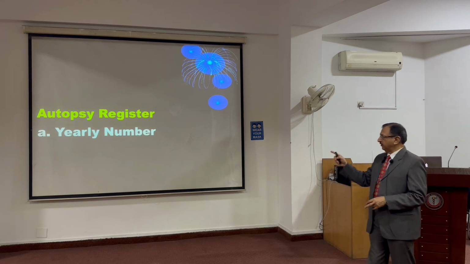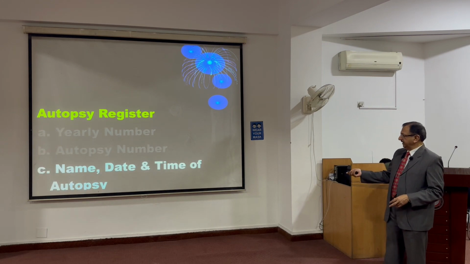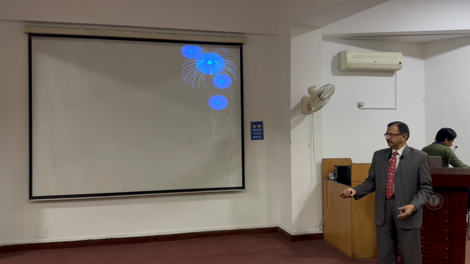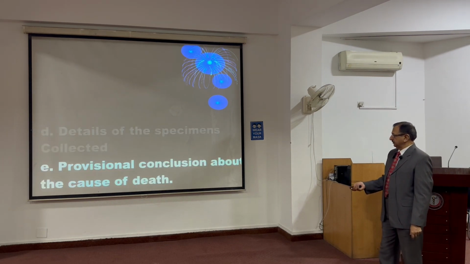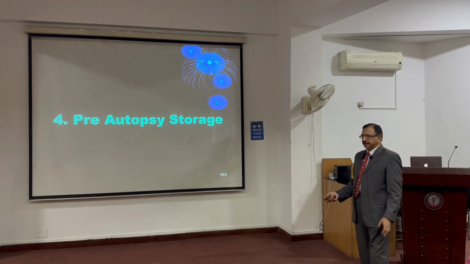So they will award a yearly number, autopsy number, and name and date of the autopsy in that register. So details of the specimen if collected, they are entered. Then pre-autopsy storage.